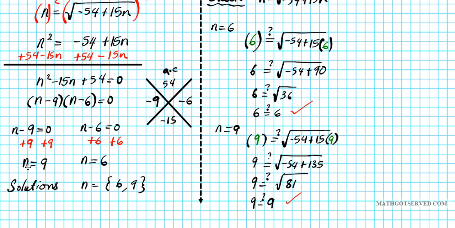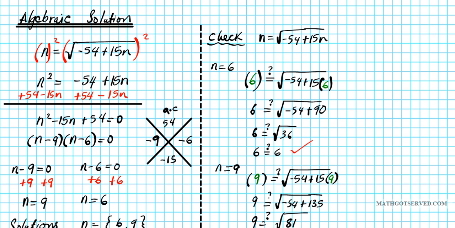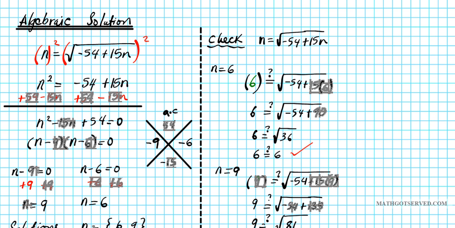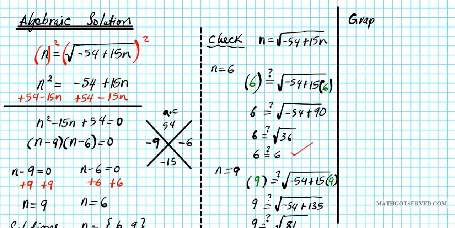Okay. Now let's proceed to our second method of solving this radical equation, which is the graphing method. We're going to follow the same procedure as we did in number 1 to find our graphical solution. We're just simply going to set y1 equal to the left side of the equation and y2 equal to the right side of the equation.